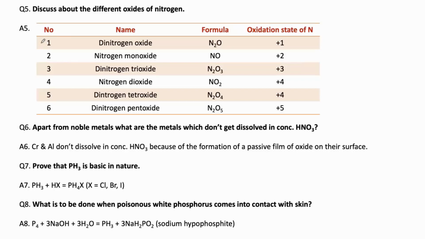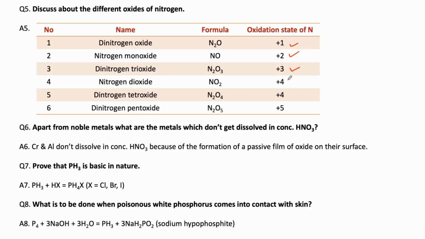So we shall start one by one. First one is dinitrogen oxide, N2O, where the oxidation state is +1. Second is NO, nitrogen monoxide, where the oxidation state is +2. Third is dinitrogen trioxide, N2O3, which is a bit unstable in nature and has an oxidation state of +3.